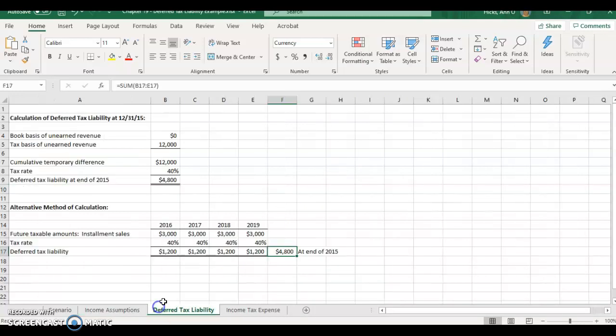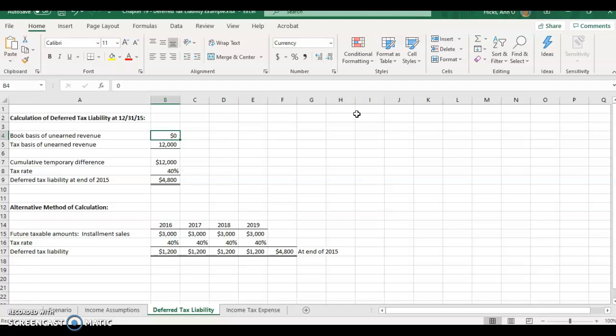Okay, so let's move over to this other worksheet and look at the calculation of our deferred tax liability. There are a couple of approaches to this, and I'll walk us through both. In the first one, we're looking at the book basis. The book basis means the financial statement basis of unearned revenue. Well, we have no unearned revenue according to the financial statement for this item because we recognized 100% of the installment sale in 2015.